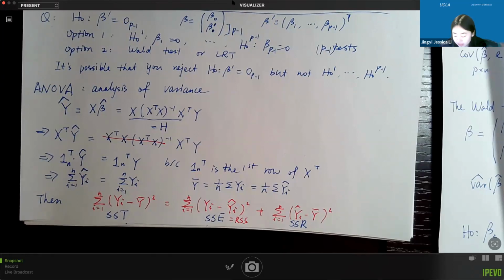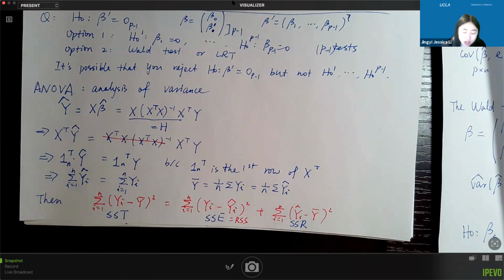In ANOVA, we give you this decomposition, and for each term we give you its degrees of freedom. That allows us to do the F-test based on these terms.